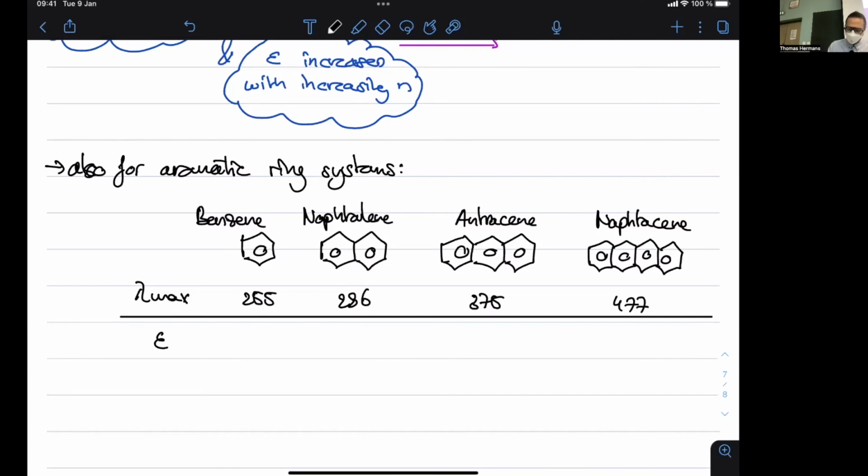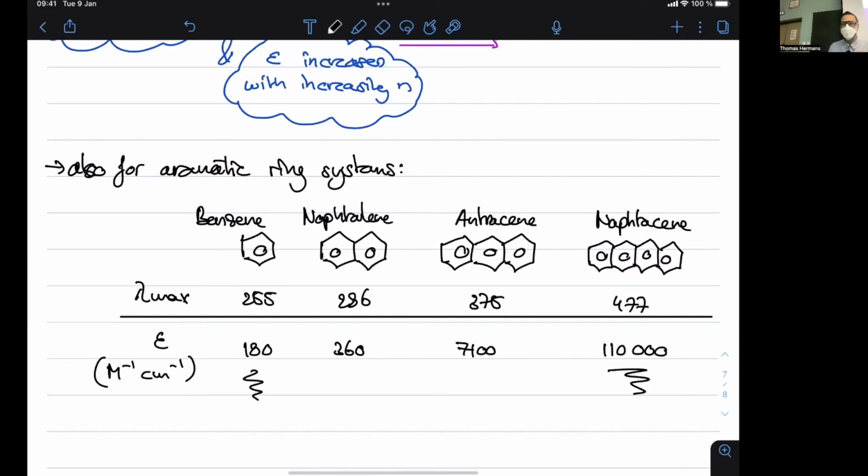And also the absorption coefficient, 60. So you see that there's this huge difference between benzene and naphthacene in terms of the absorption coefficient.